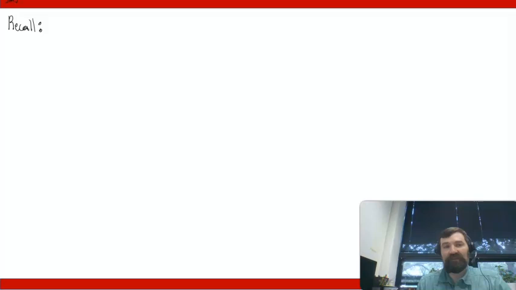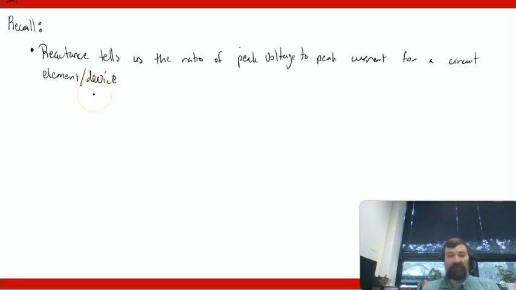One of them is that the reactance of a circuit, of a device, tells us the ratio of peak voltage to peak current for a circuit element or for the device in question. Thus, our reactance as a general rule is defined as V naught over I naught.